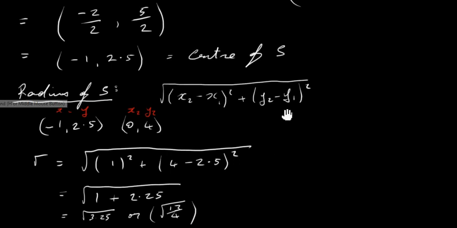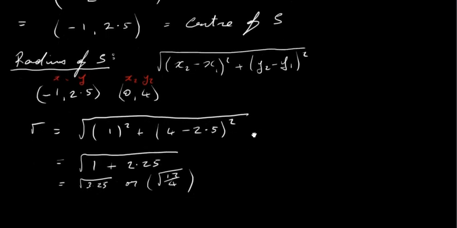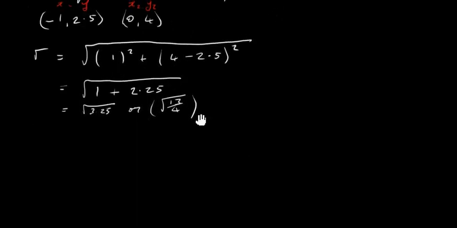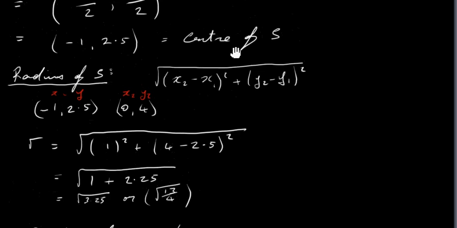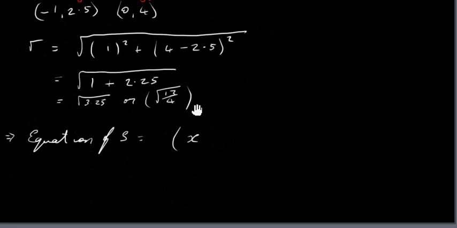Okay, so now we have the radius and we have the center. So let's just write down the equation. So that means the equation of S is going to be x minus h. Now remember, the center of S is minus 1, 2.5.